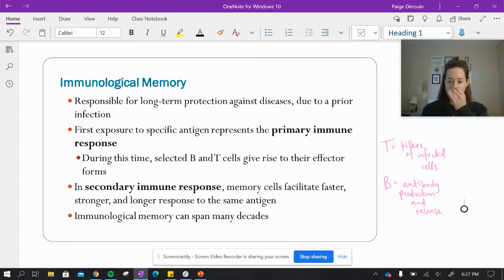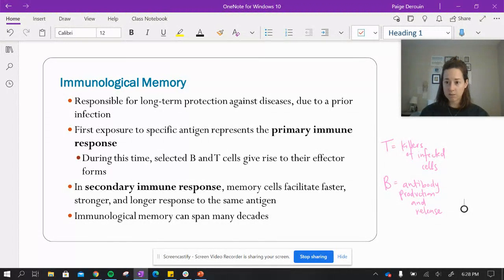And then just again, mentioning that T cells are going to be the killers of infected cells that are presenting non-self antigens. And B cells are going to be responsible for antibody production and release. The T cells' response is called the cell-mediated response because they're actually responding to non-self antigens and attacking and killing those infected cells.